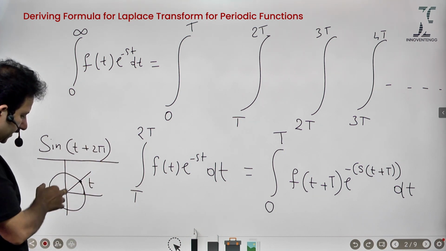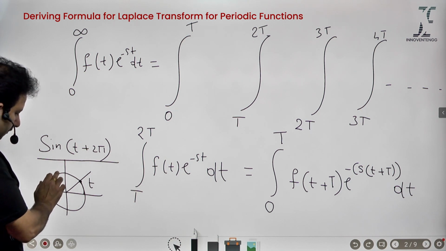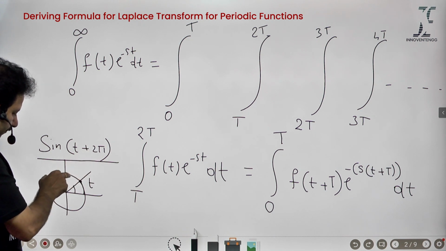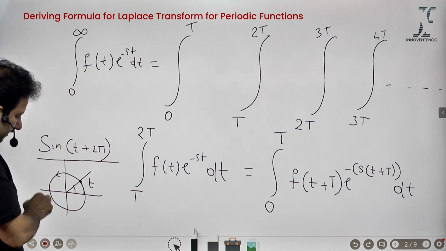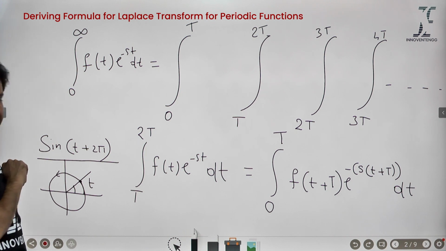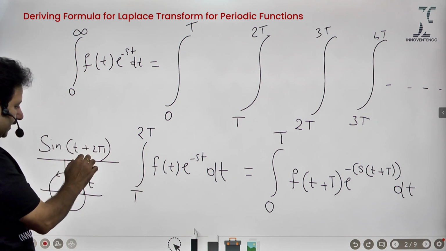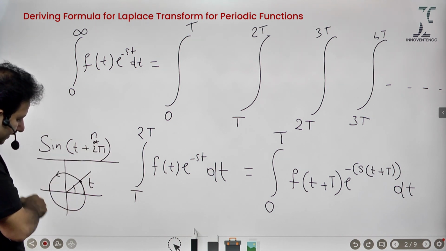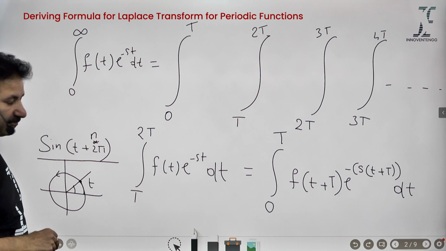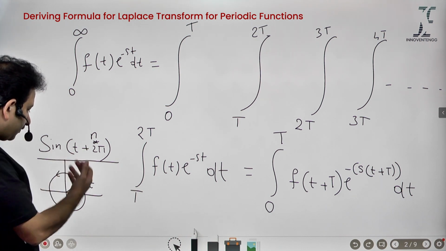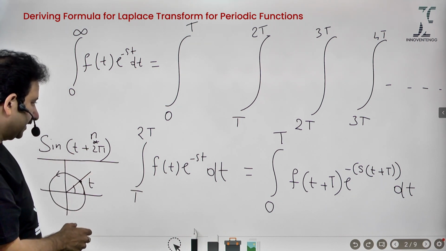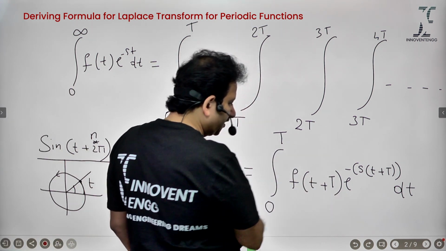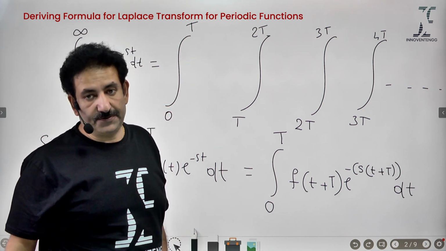Even if you add n periods, it will come back to the same point. Do you observe that? This is the initial angle t, and if you add 2 pi, it will go one full circle and then come back to the point of origination. And even if you add n integral periods, it makes n circles and then comes back to the point of genesis or origination, right? So what I am trying to say here is, if you add any integral number of capital T to the small t, the function remains f of t only, right?